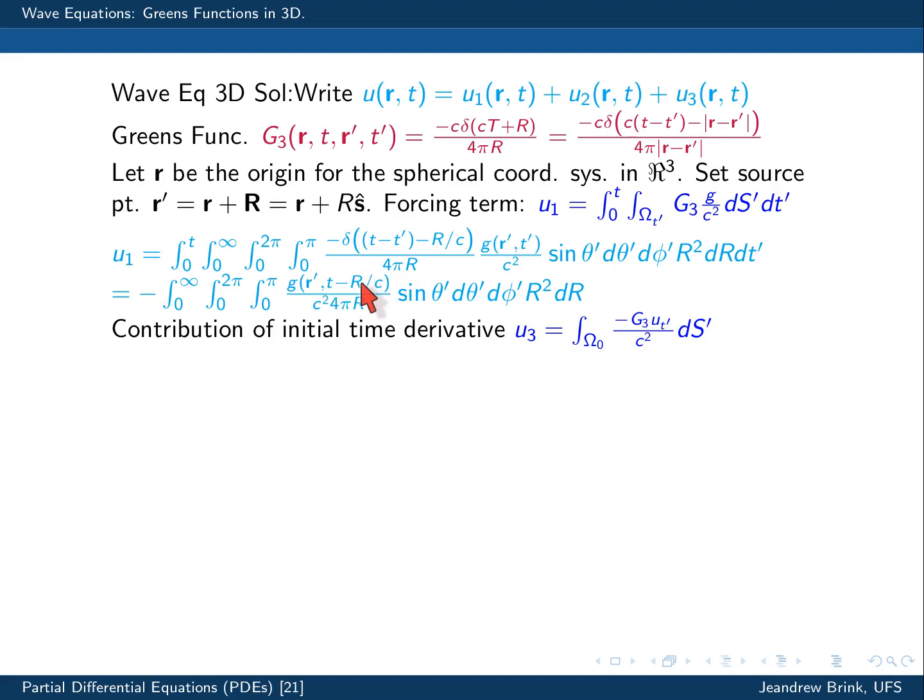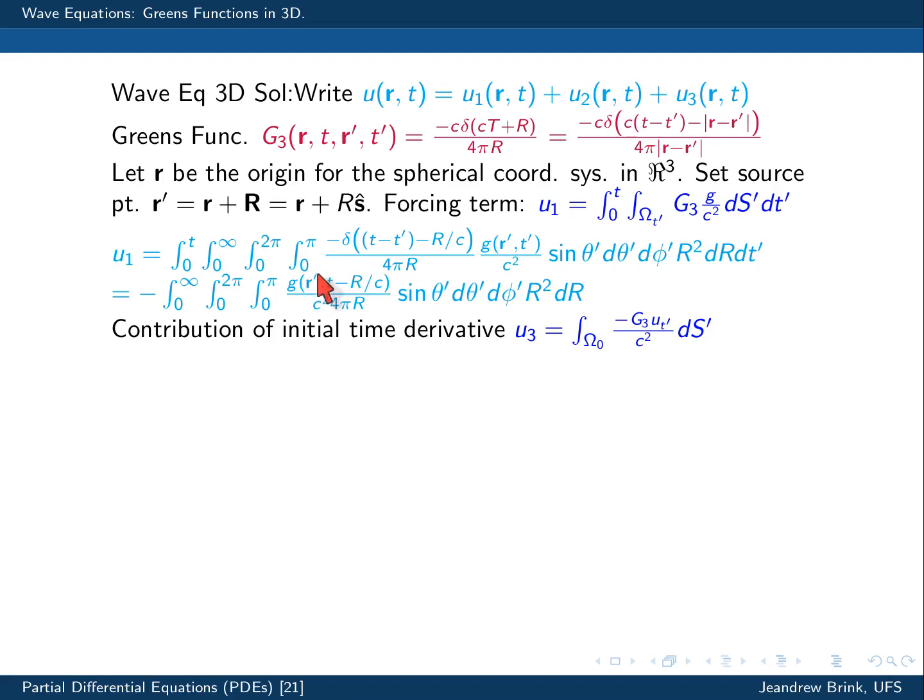Okay, in other words, the larger your radius is, the further back you have to look at where the sourcing function influences that value of r. And that kind of makes sense, because if you look at sources of waves, they take a certain speed to travel from r to the point at which they have an influence.